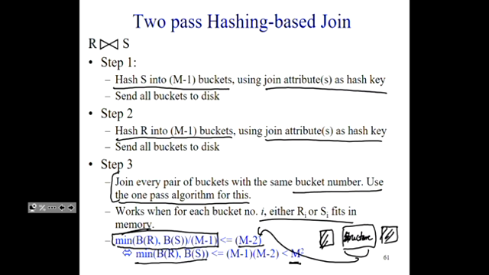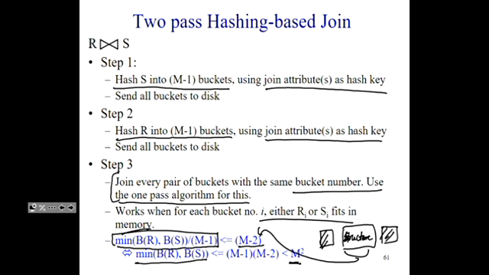Okay, so in all of these two-pass hashing-based algorithms, the duplicate elimination, the grouping, and the join, the first step is partitioning the relation, and once you've partitioned the relation intelligently, the last step is always the one-pass algorithm for that operation, applied to buckets at a time as opposed to the entire relation at a time.